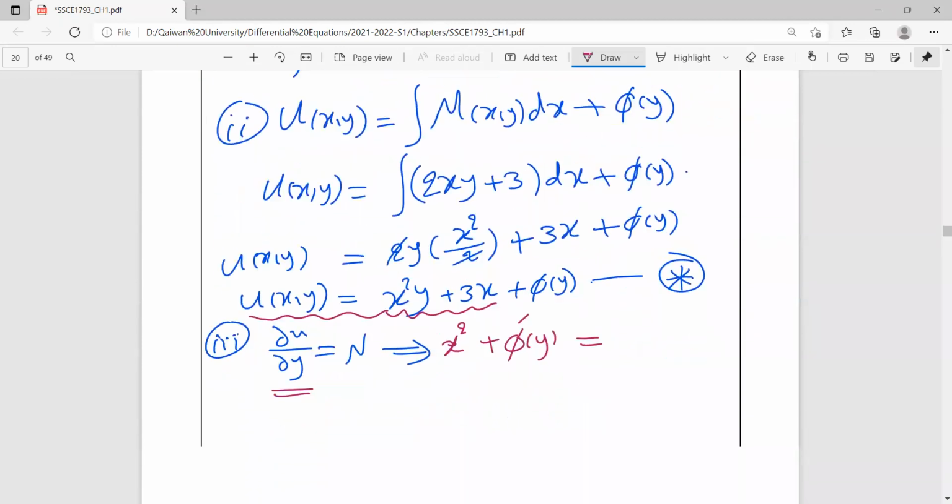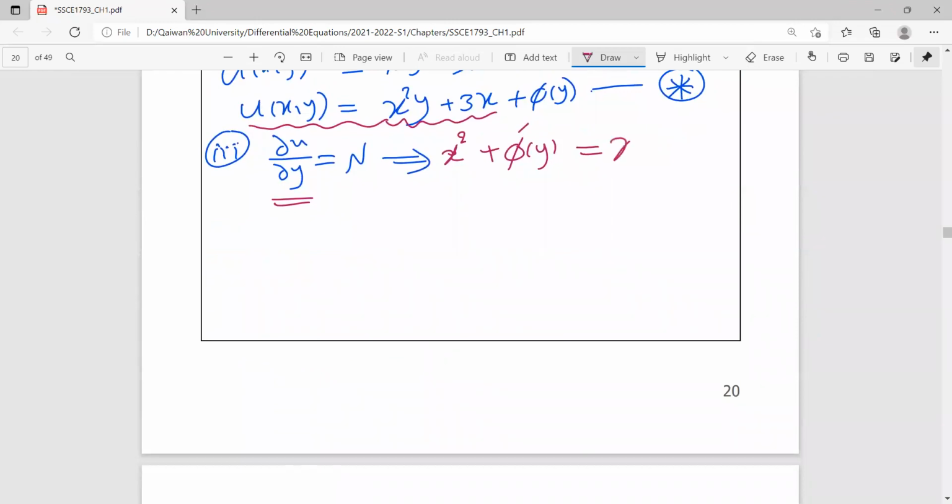We equal this to x squared minus 1. And so these two are cancelled out, x squared from both sides. And we get phi prime of y equals -1. In the next step, we are trying to find phi of y.